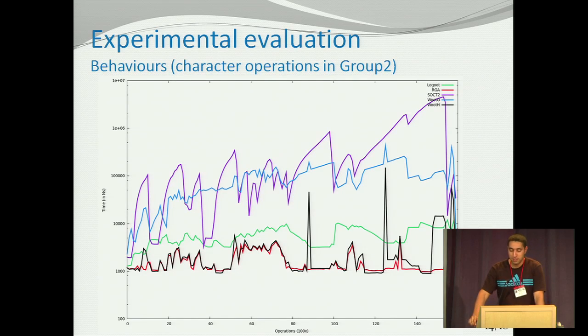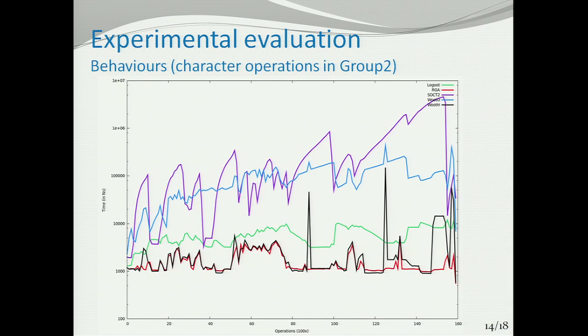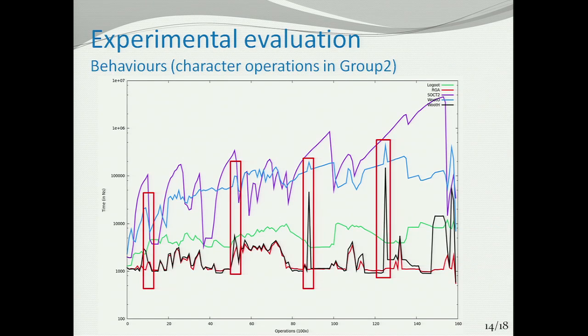We represent in this graph the algorithms' behavior for execution time of character operations in group 3, on a logarithmic scale and averaged over 100 operations. Some algorithms remain stable. We can notice the same behavior in the WOOT family, and between WOOT and WOOT.